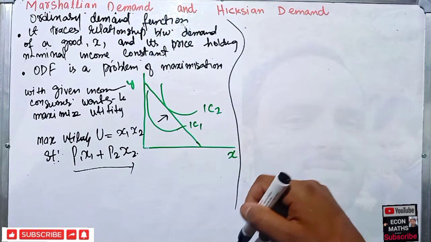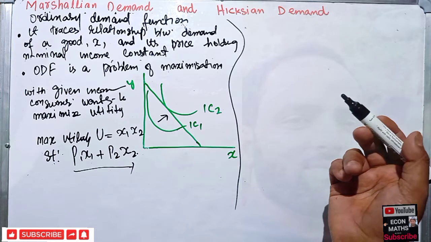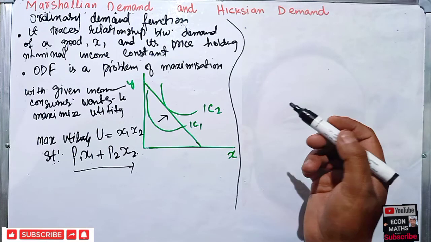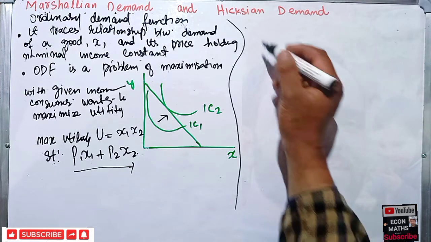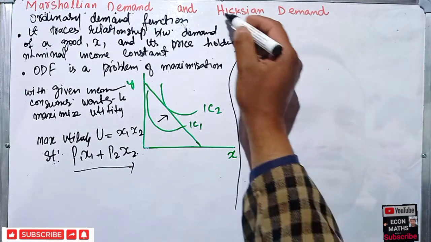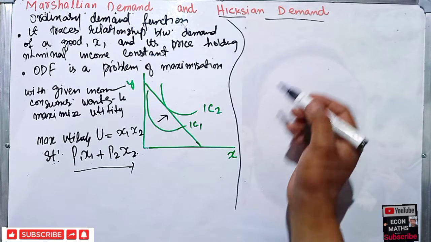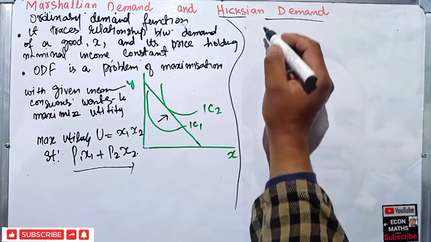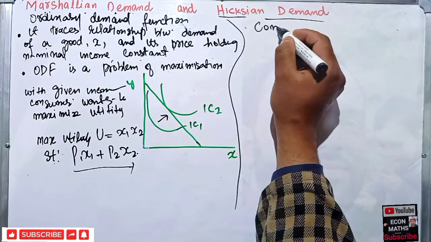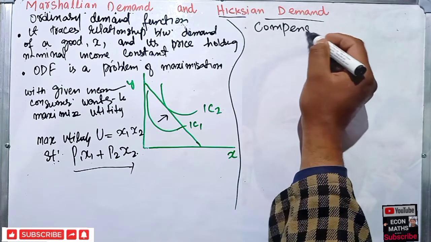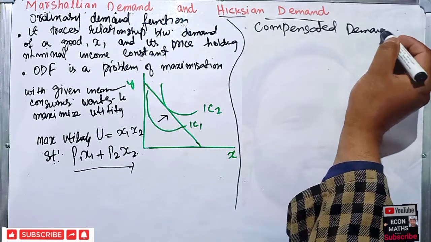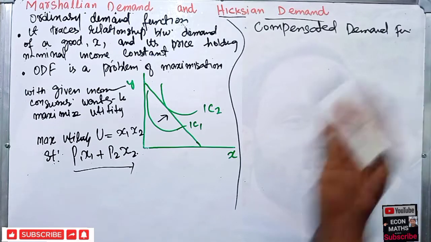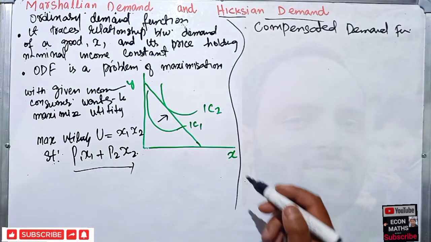Here we hold the utility constant and trace the relationship between quantity demanded and the price. So I will write here, this Hicksian demand is also called the compensated demand function.